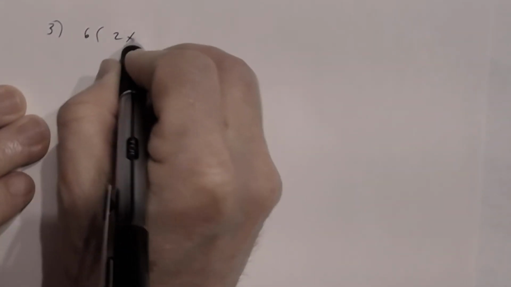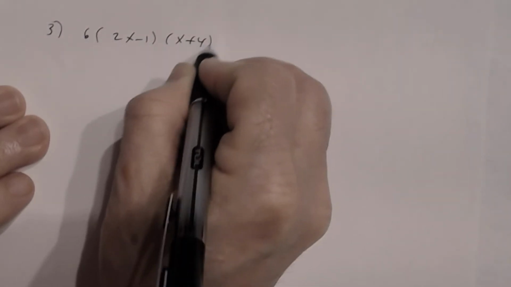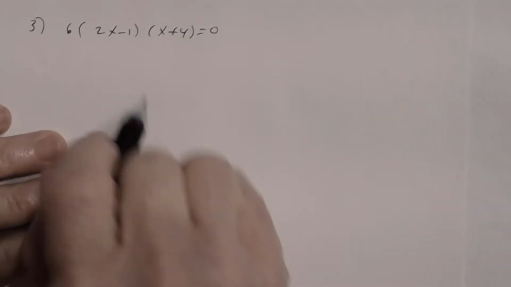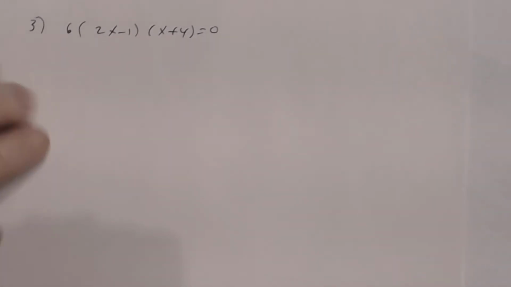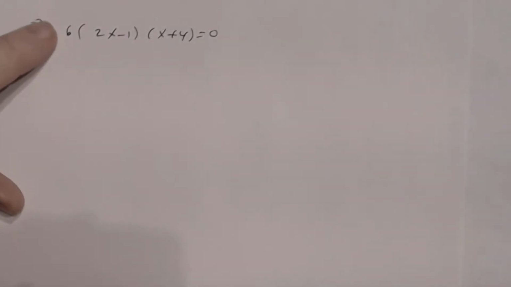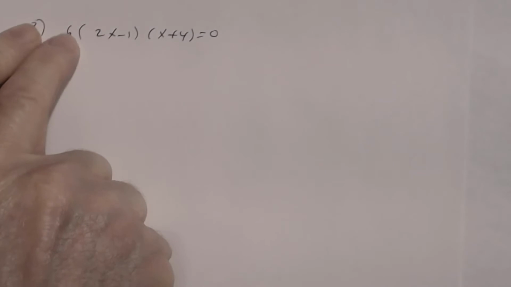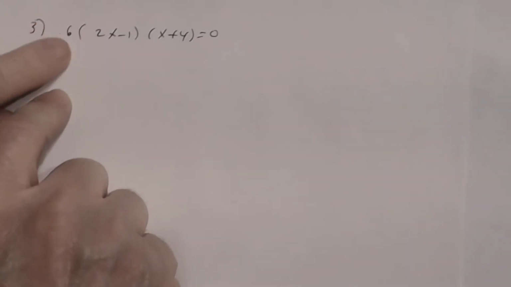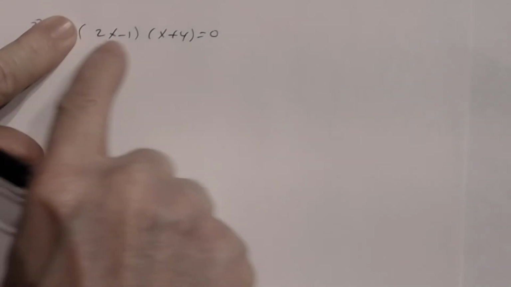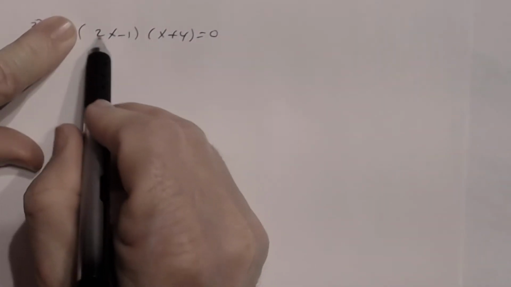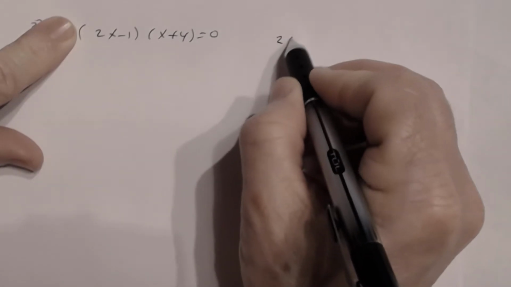So let's suppose in number 3 we have 6 times (2x minus 1) times (x plus 4) equals 0. Now, I have this quadratic equation, and you can tell it's going to be quadratic because if I cover this monomial factor, which is a number, and I FOIL this, I get 2x times x is 2x squared.